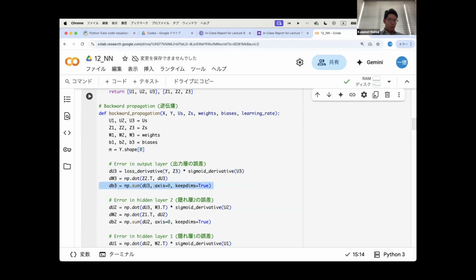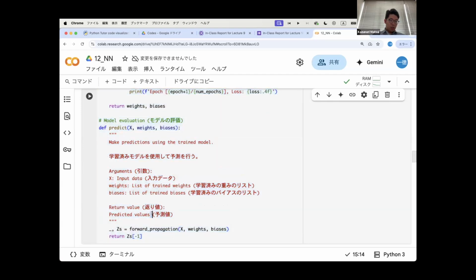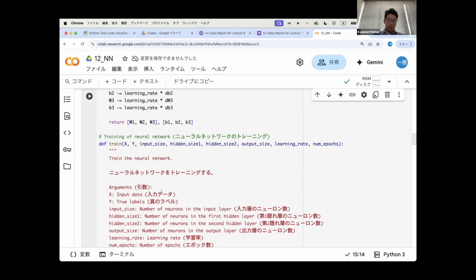After calculating this du3, which is delta 3, using du3 we calculate du2, which corresponds to delta 2. Using this, we calculate the partial derivative with respect to O.